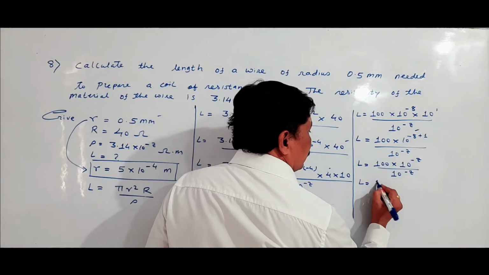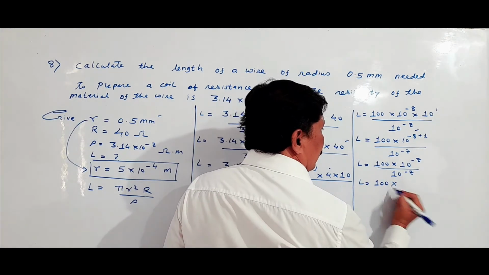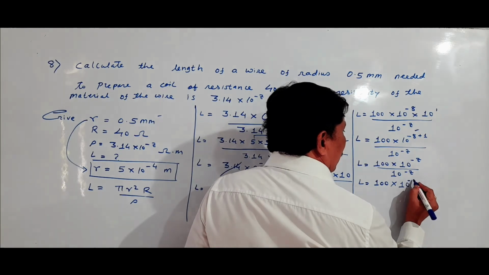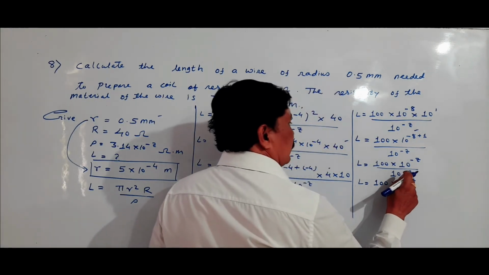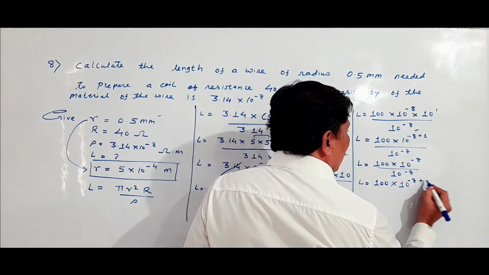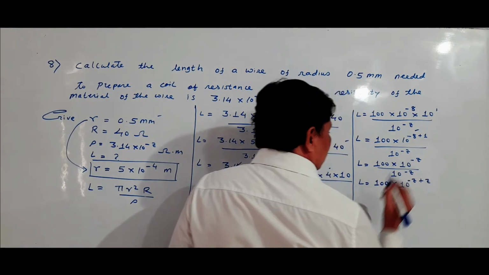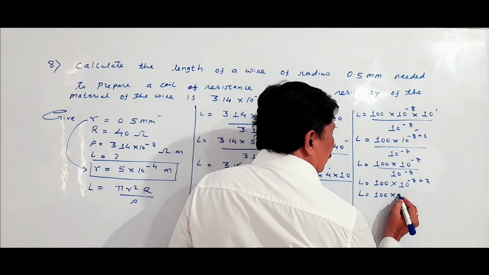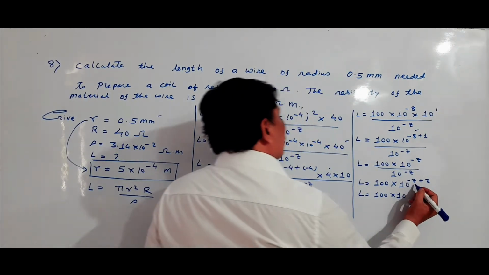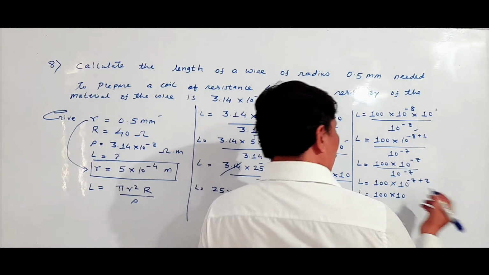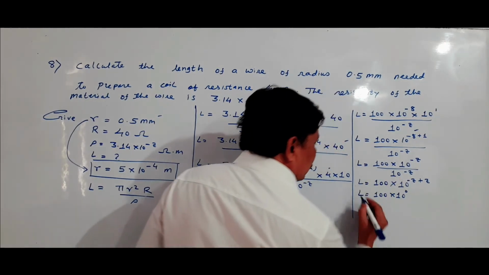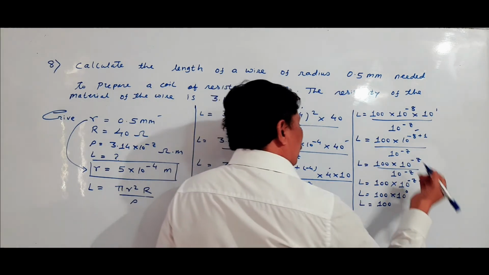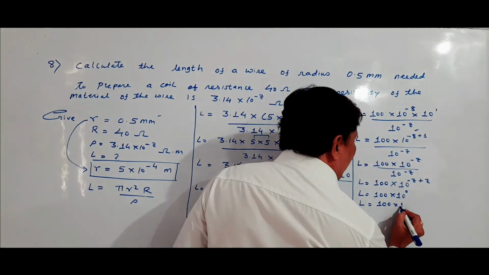L is equal to 100 into 10 to the power minus 7, and this minus 7 will go up, so it will become plus 7. L is equal to 100 into 10 to the power plus 7 minus 7, that is 0, 10 to the power 0. L is equal to 100, 10 to the power 0 is equal to 1.